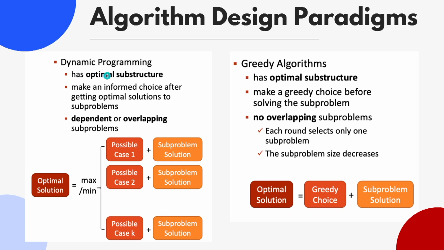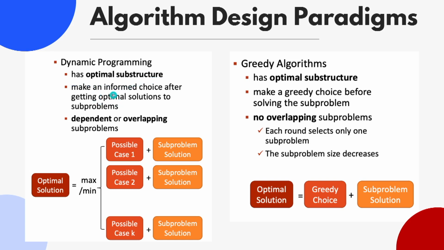Both dynamic programming and the greedy approach are applicable for problems that have an optimal substructure. So, optimal substructure in that sense, we can get an optimal solution to a problem only if there is a possibility of having optimal solutions to all of its sub problems, and that is what we mean by the problem having an optimal substructure.